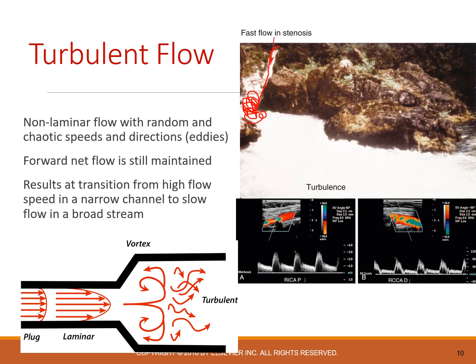So this example that we see down here, we had a plug flow. Everything's going the same speed. It's all laminar. And as it moved through the vessel, friction took a toll on the peripheral cells. Those in the center started going faster. So now we have parabolic laminar. But as we get into a much larger space, they are going to start to diverge and eddy and roll around in this larger space.